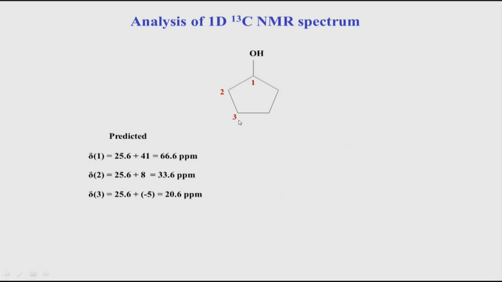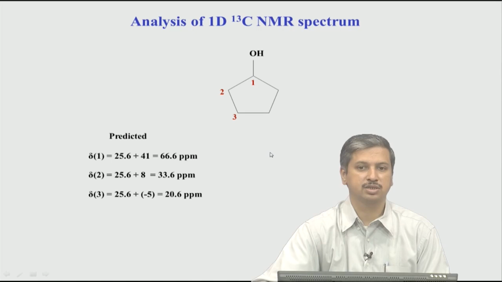So, let us look at another cyclic system. For cyclic systems also there are a set of rules given in the book, and similarly the idea here is just an illustration. Suppose I have a system like this. In this case, this one is directly attached to oxygen.